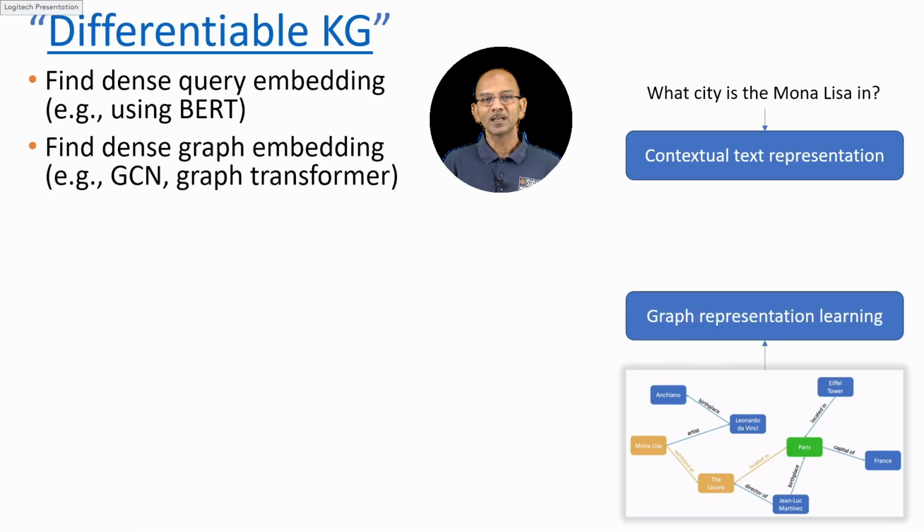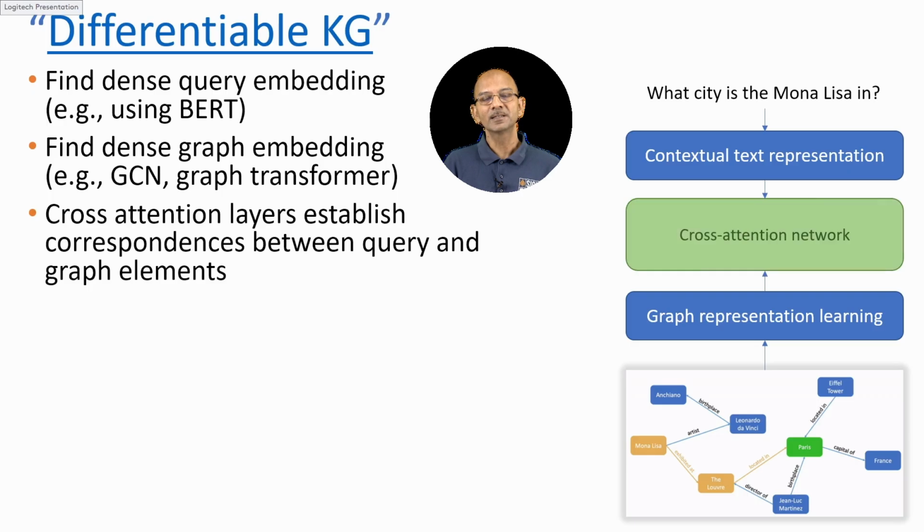At that point, I have to also look at the knowledge graph itself and turn it into a compatible neural representation. So on both sides, I now end up with dense embeddings, a dense query embedding and a dense graph embedding. The dense graph embedding may be arrived at using a graph convolutional network, a graph neural network, or a graph transformer, or any of the techniques we are about to explore in this module.